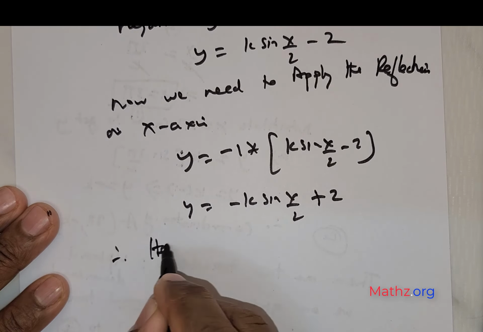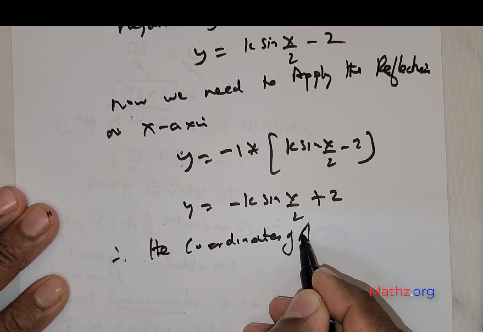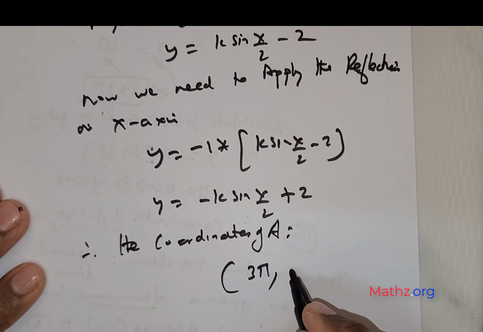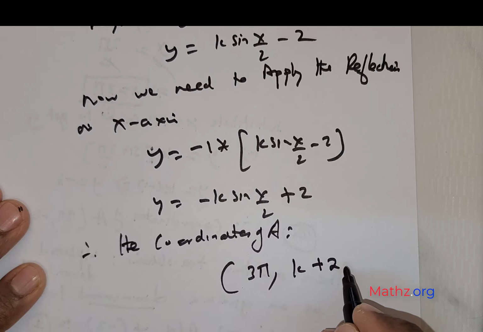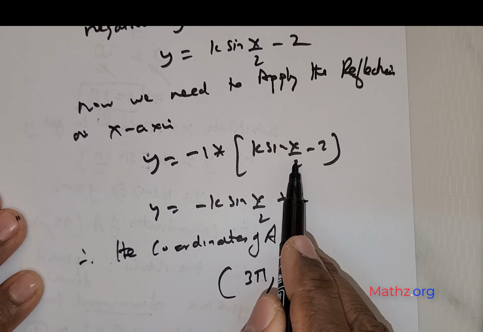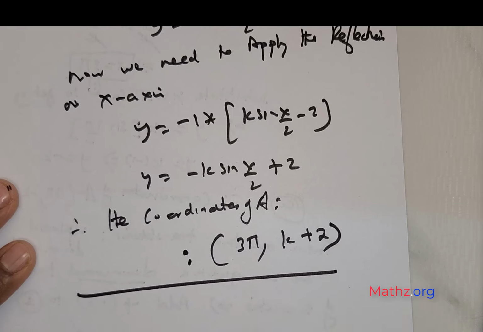So therefore the coordinates of A would change. So for 3 pi comma, this will become negative 1, so it's going to be positive k, positive 2, because negative 1 is multiplying in. So that's a very important part you have to know. So that is the solution.